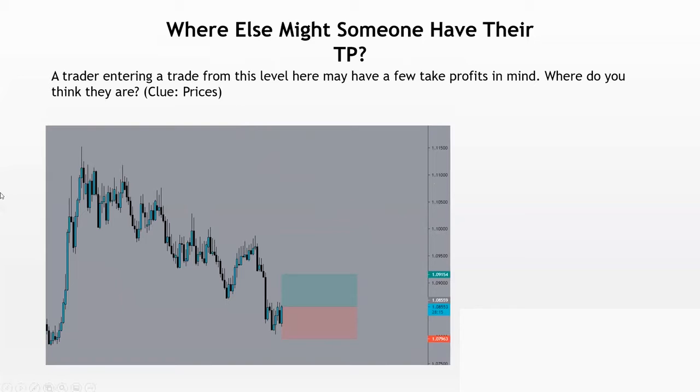In this chart, we are assuming that you are, for example, targeting this high. On the way to this high here, where might you have TPs? So to be fair, guys, every answer in this chat right now is correct in some way, shape or form.